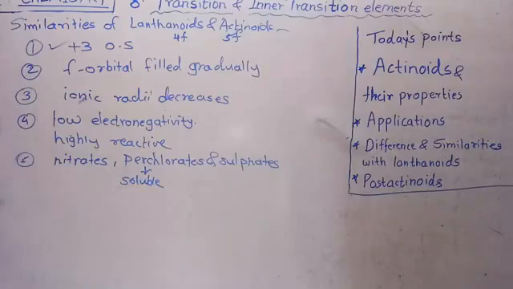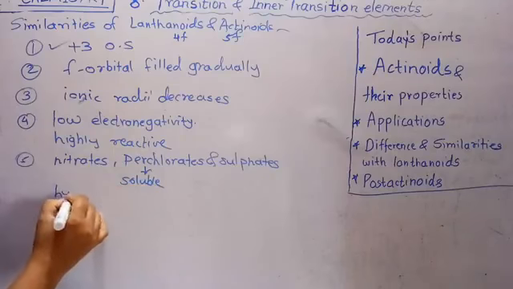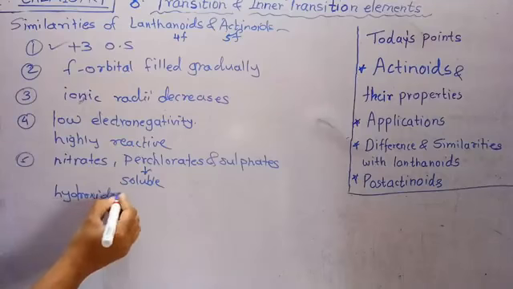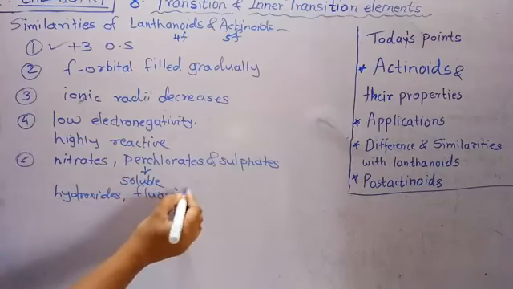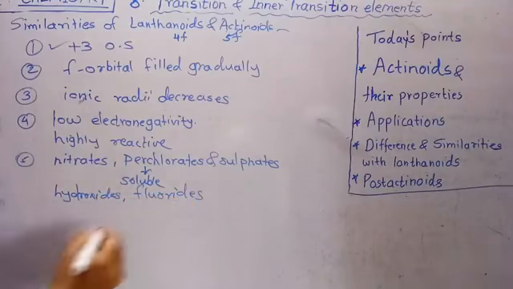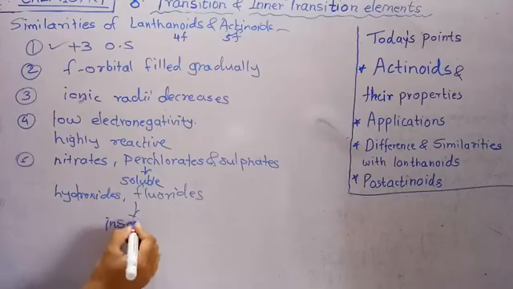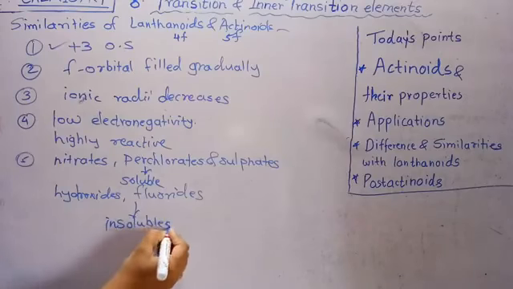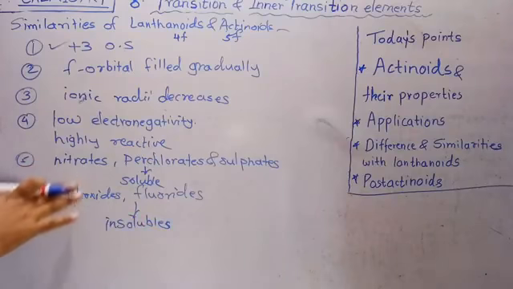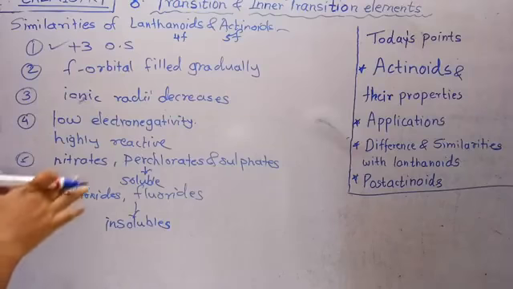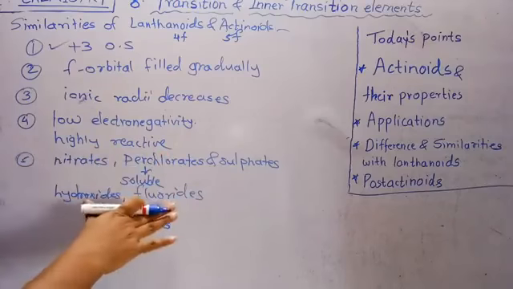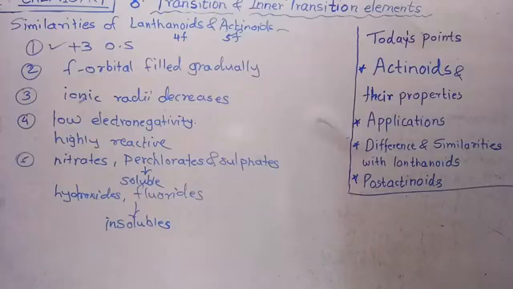These are the solubles, but hydroxides, fluorides and carbonates are insoluble. These are the similarities of lanthanoids and actinoids. Nitrates, perchlorates and sulfates are easily soluble, but hydroxides, fluorides and carbonates are not soluble. These are some similar points between lanthanoids and the actinoids.